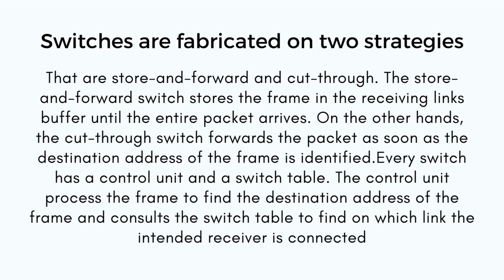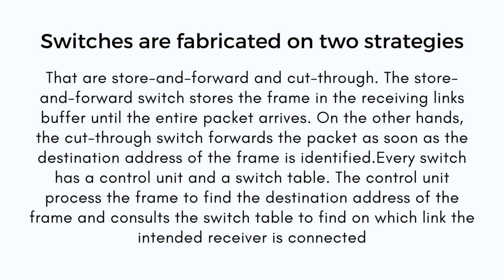Switches are fabricated on two strategies: store and forward, and cut through. The store and forward switch stores the frame in the receiving link's buffer until the entire packet arrives. On the other hand, the cut-through switch forwards the packet as soon as the destination address of the frame is identified.